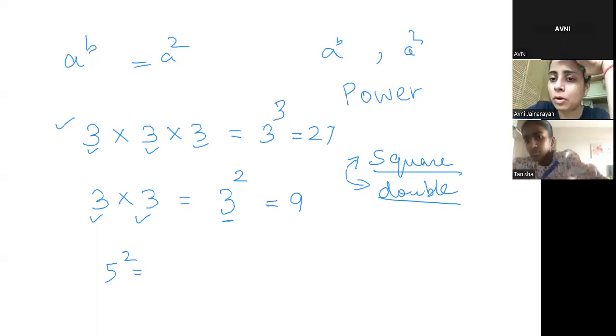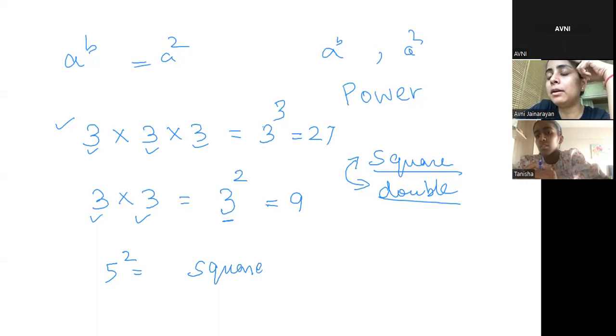Now, if I ask you, what's the square of 5? I'm not saying square root. What is the square of 5? Matlab, 5 is getting multiplied with 5, 2 times. Like there are just two 5s there. Now I'll ask you, Tanisha, what is the square of 2? 4. Yeah, square of 2 is 2, ऊपर में 2 आएगा यहाँ पर, is equal to 4.